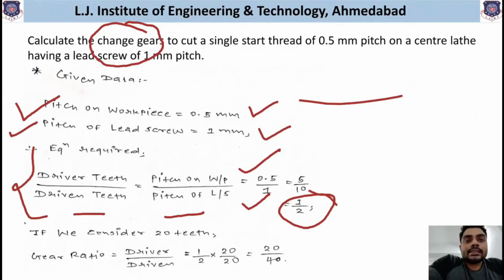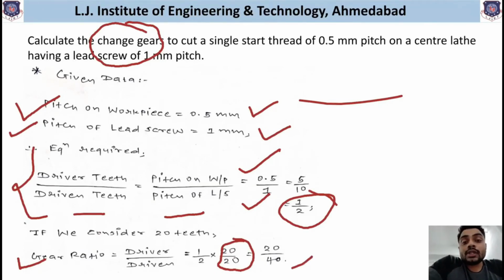Now if we consider a gear having 20 teeth as the driver, then for the gearing ratio driver divided by driven equal to 1 divided by 2, the driven gear that we need to use must have 40 teeth.